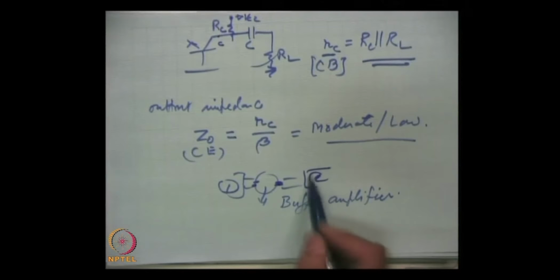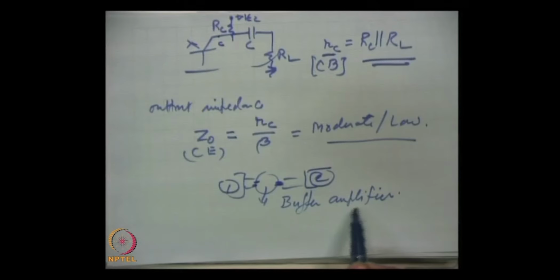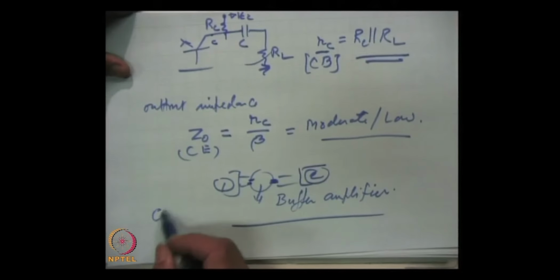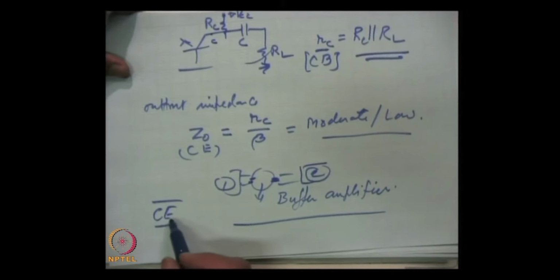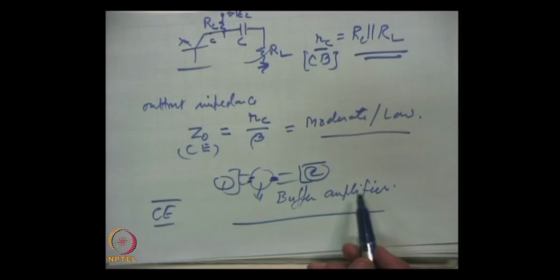So, this is a matching stage amplifier called a buffer amplifier. But CE amplifiers can be cascaded, connected in series, without the need of this buffer amplifier.